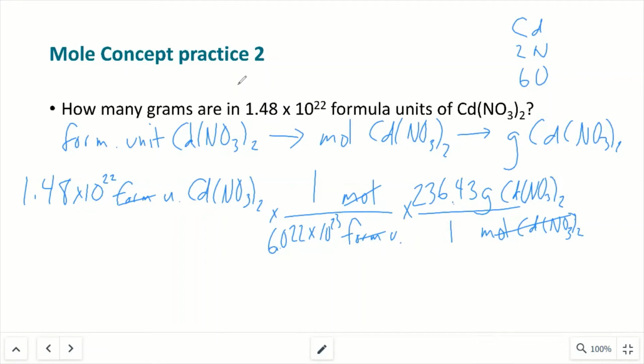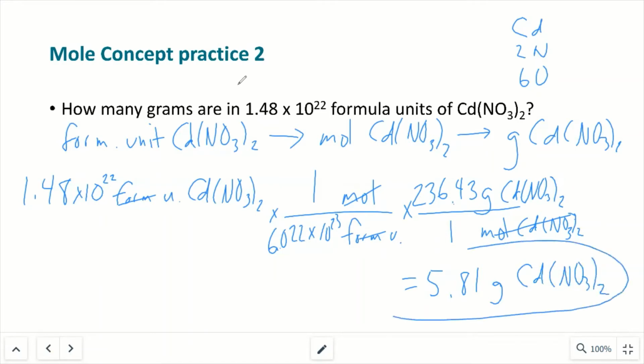So I do out the calculation, again, multiply by everything up top, divide by everything in the bottom: 1.48 times 10 to the 22nd, multiplied by 236.43, divided by Avogadro's number, 6.022 times 10 to the 23rd. To 3 significant figures, we get 5.81 grams of cadmium nitrate.